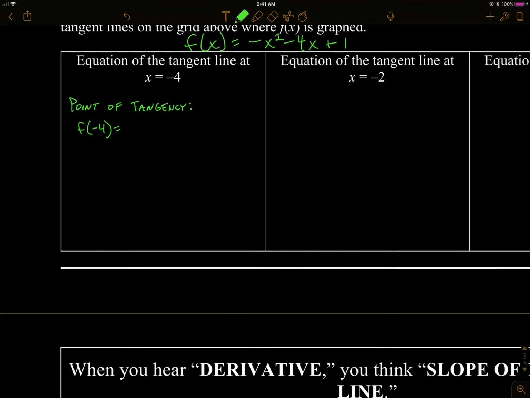So we're going to plug the x value into the original function to get the y value. We're going to say it's negative 4 squared minus 4 times negative 4 plus 1. We should get negative 16 plus 8 plus 1.